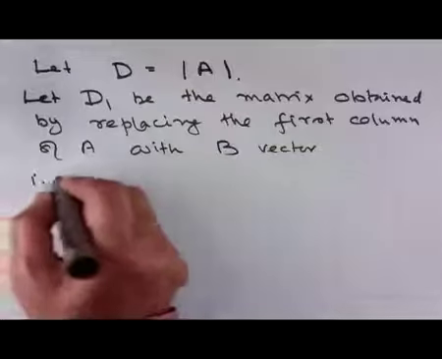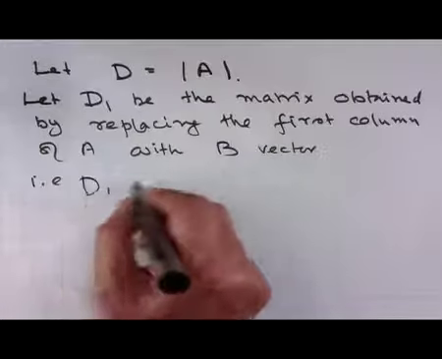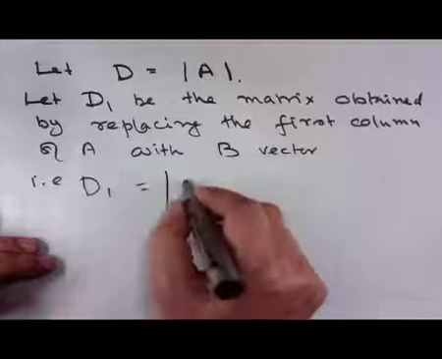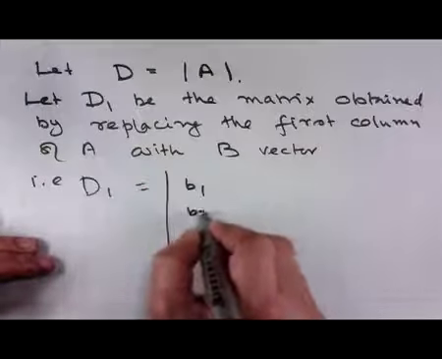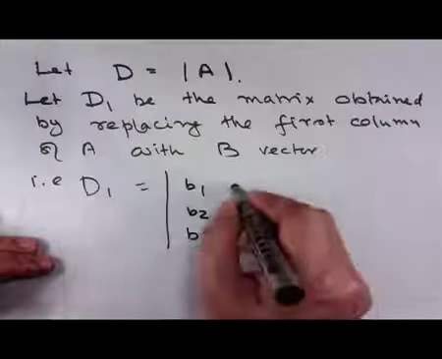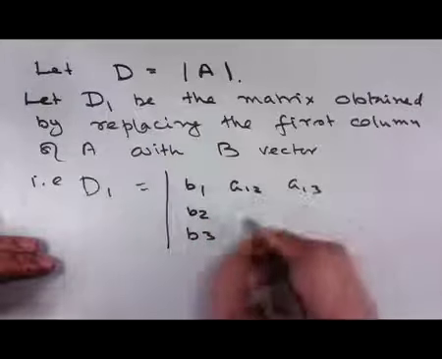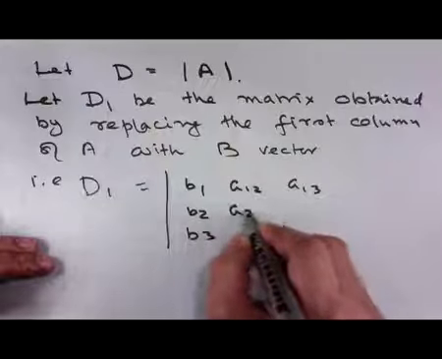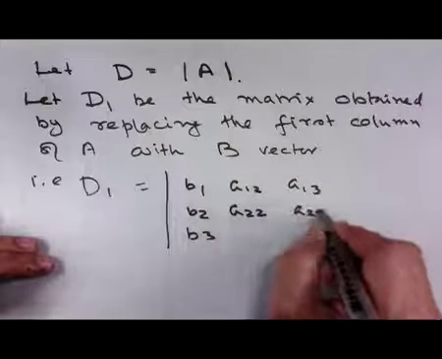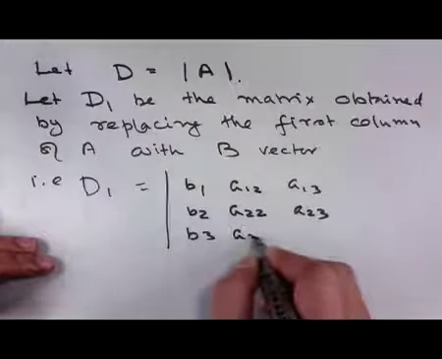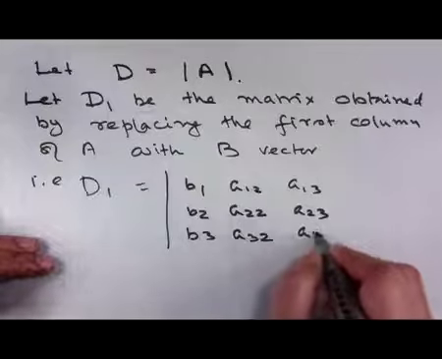That is, D1 is equal to determinant of B1, B2, B3, A12, A13, A22, A23, A32, A33.